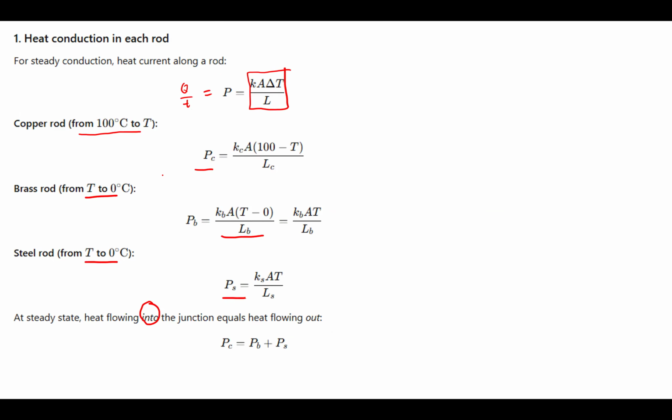Note that the heat is flowing to this one. So here's PC, PB, or PS. And then we should have a conservation of energy in a sense. PC should be the same as PB plus PS, right?